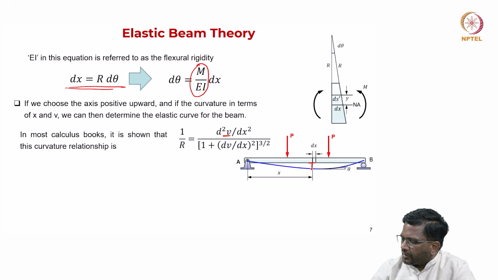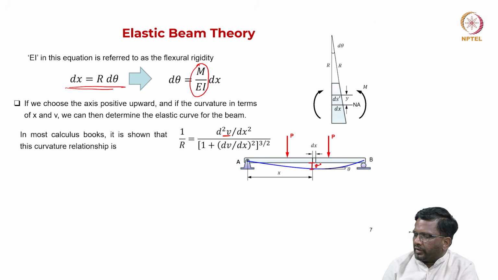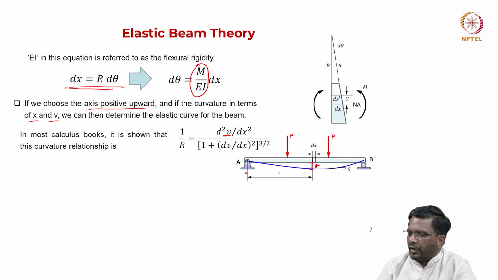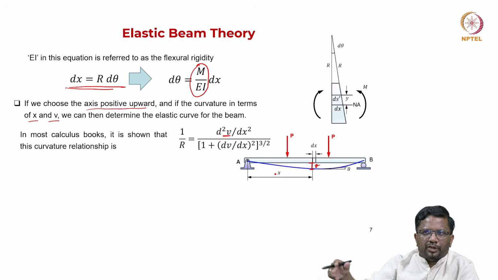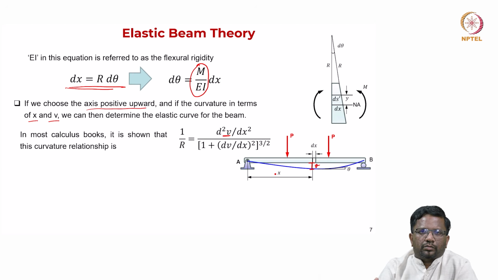If I choose the axis positive as upward, and I want to establish this curvature in terms of distance x, where V is your displacement, or you can say deflection in a beam, then for a beam that is undergoing a curvature, from the textbooks on calculus, we can say that the radius of curvature, or 1 by r, the curvature, is written as d square v by dx square divided by (1 plus (dv by dx) square) to the power of 3 by 2.